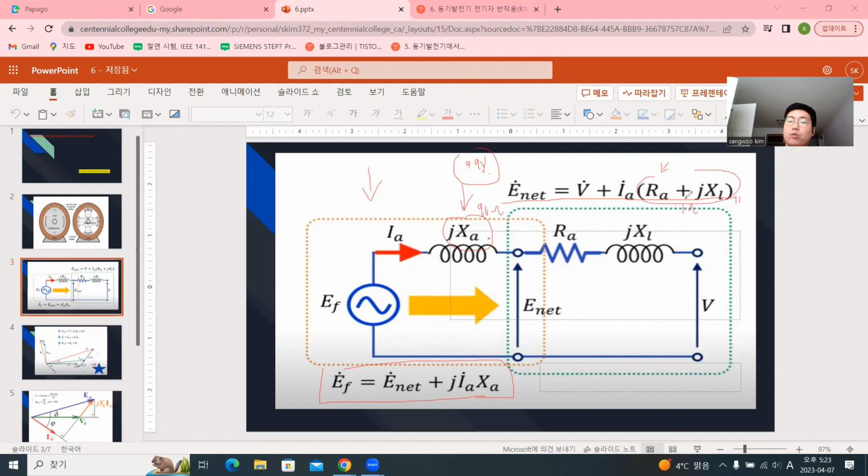I will tell you more about it later. We could also neglect this part because the armature reaction part holds most of the value in the circuit. So today we will learn about phasor diagram drawing. It's really important.